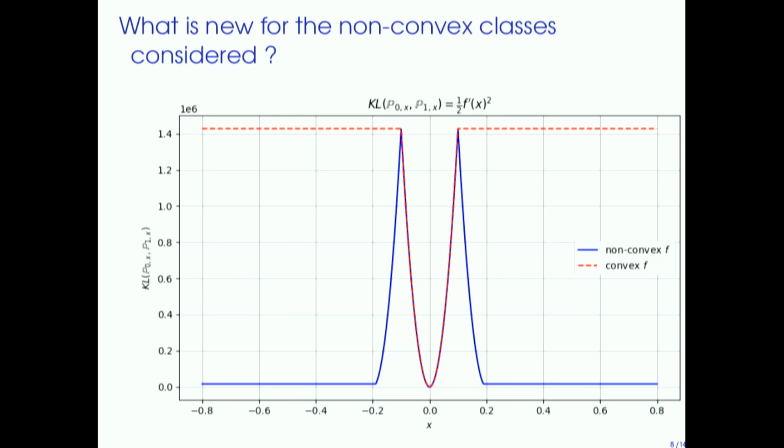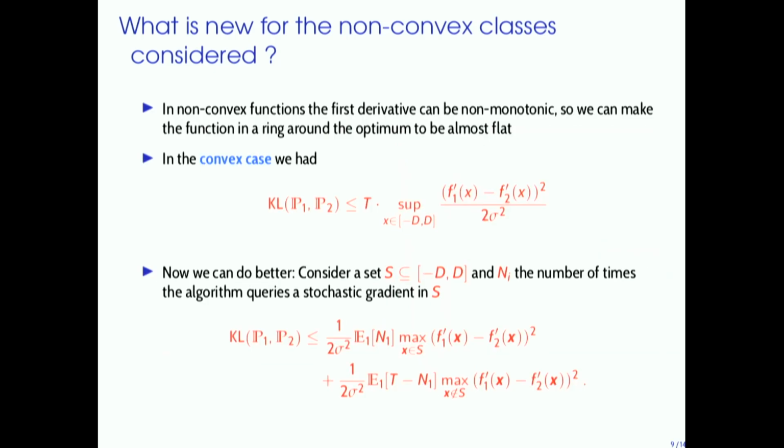And luckily for us, there is in bandit theory a very standard result for lower bounds that is called divergence decomposition, which typically says that we can decompose the KL between distributions depending on how much we query points in each region of the space. So we leverage this and we construct some functions that have some local kind of curvature around the global minimum and use the previous display in order to develop our lower bounds.